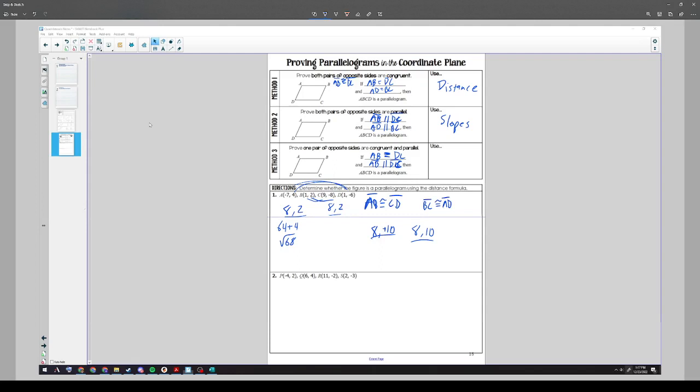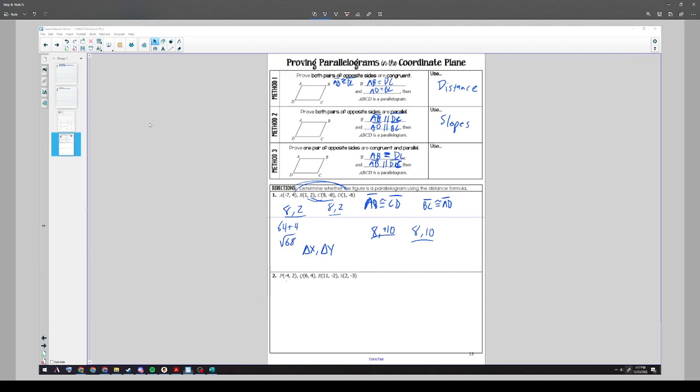So that's kind of shortcutting and not doing the full distance formula, but you really don't need to, right? Because distance formula, just like slope formula, is just talking about change in x and change in y. So all I really need to do is find change in x and change in y, and if those are the same, then I'm done, basically. So let's do that one more time here.